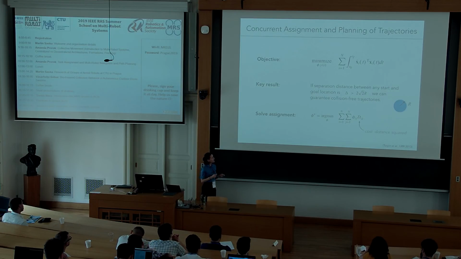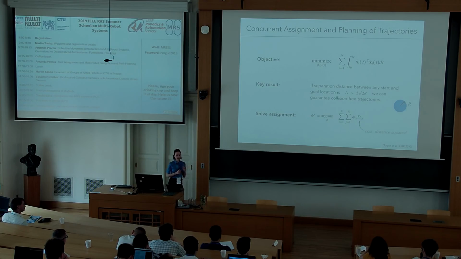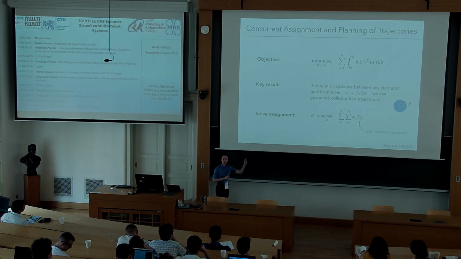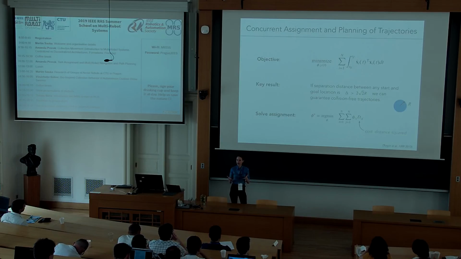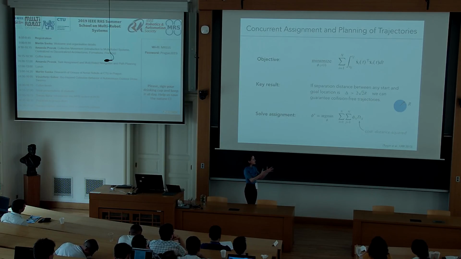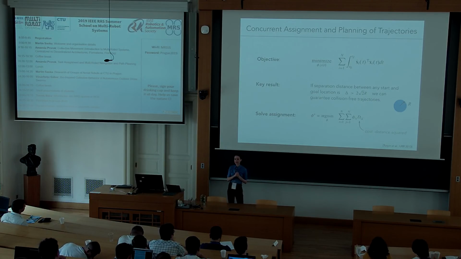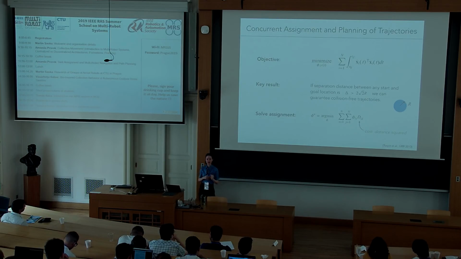So the key thing here is that we are solving an underlying assignment, right? So what my D matrix is, you'll recall that D is my cost matrix from, say, the Hungarian assignment algorithm. This is representing my sum of square distances between any robot initial location and any robot goal. All I have to do is solve this assignment problem and then let the robots run, because I know that they won't collide, because this optimization objective satisfies that intrinsically.